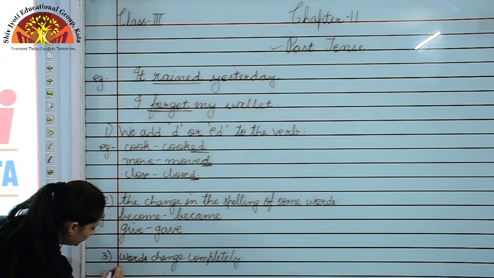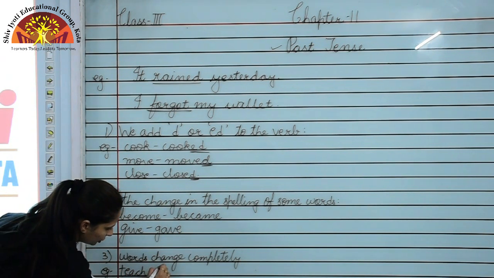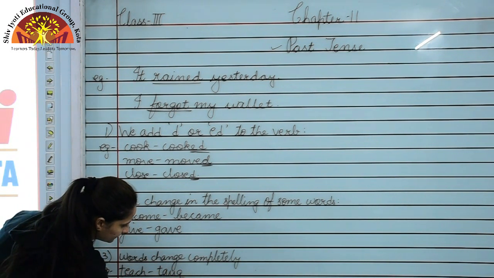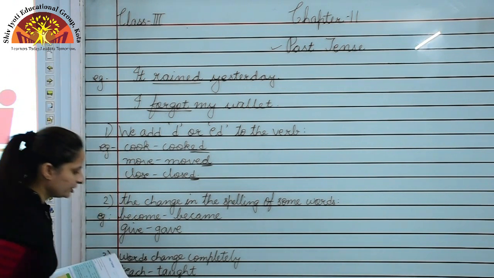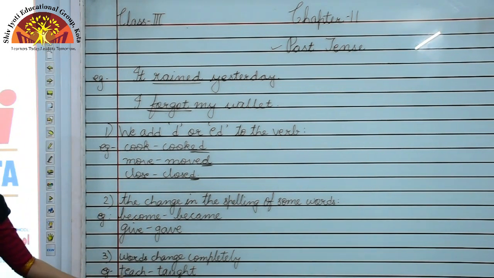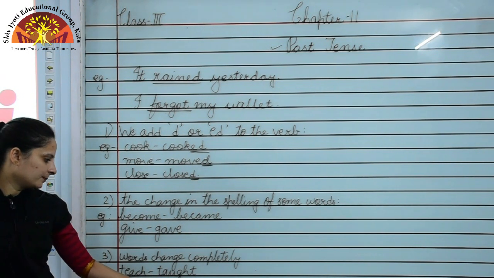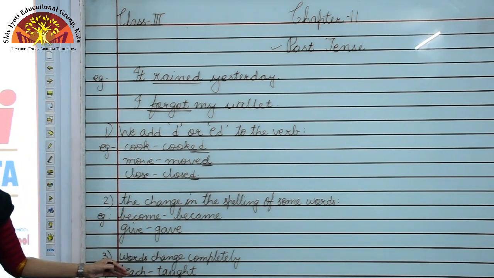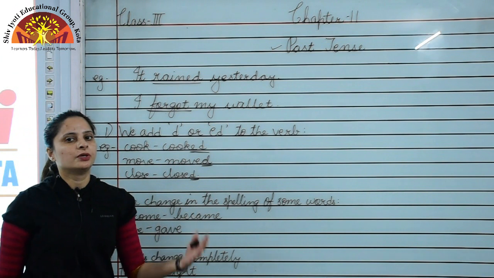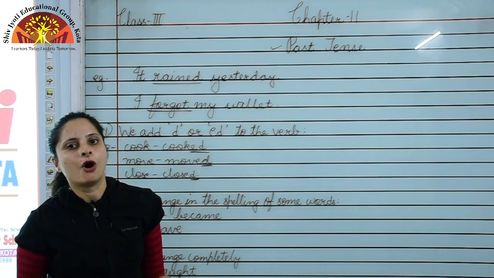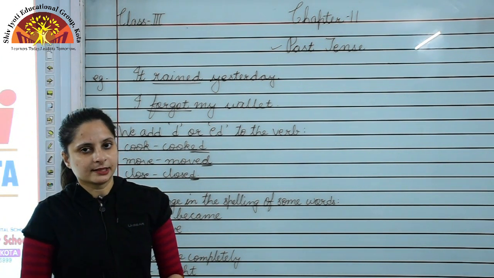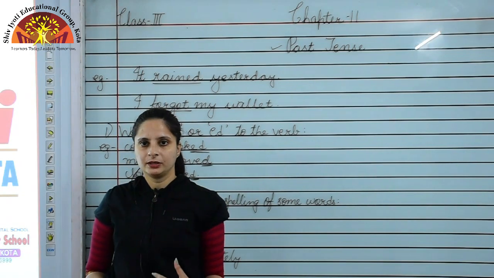For example, teach, taught. Now here you can see that the verb has completely changed in the past form. Teach has become taught. So these are the three ways of how you change the verb into its past form. Now I'll discuss a few of the examples from the book.